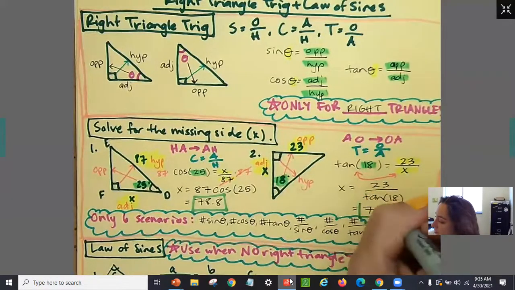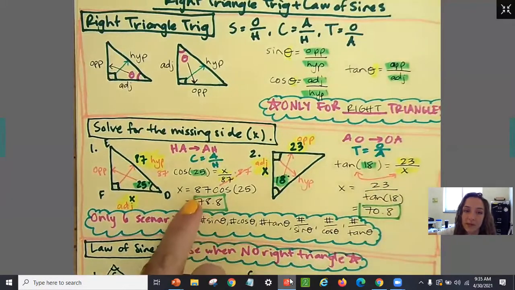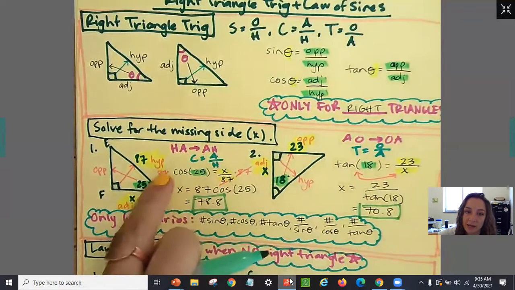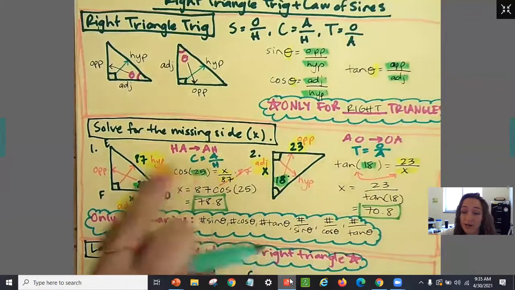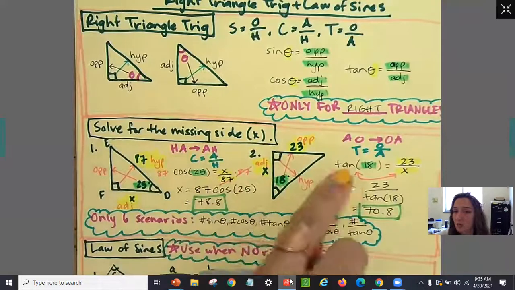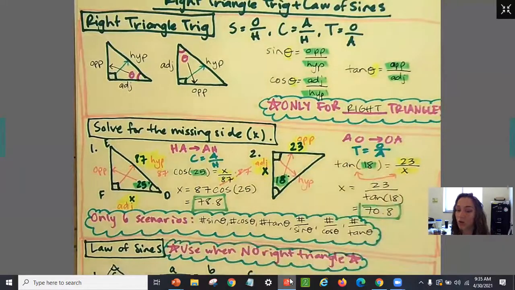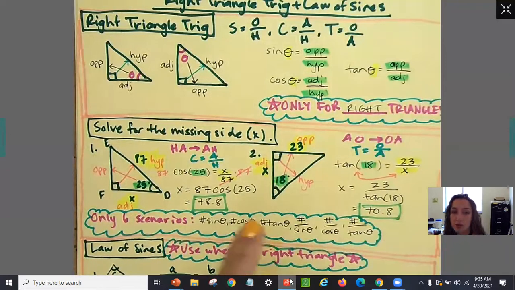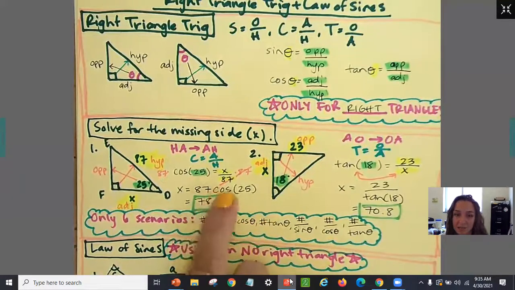Okay, so I just showed you the two methods of solving. One is that you're going to be multiplying the side by cosine or sine of the angle or tangent. The other one is switching the variable with the thing over here. So there's really only six scenarios that you can get here. You can get number times sine, number times cosine, number times tangent. That's like this scenario up here, okay?